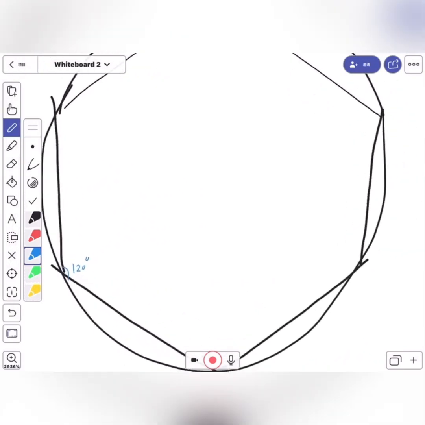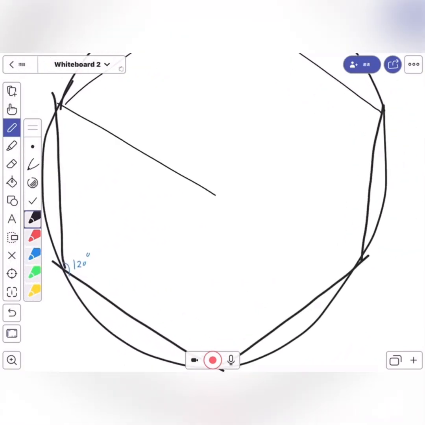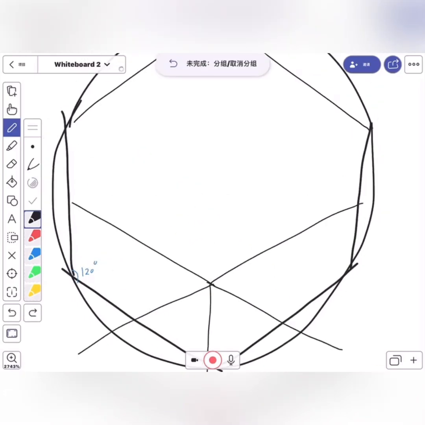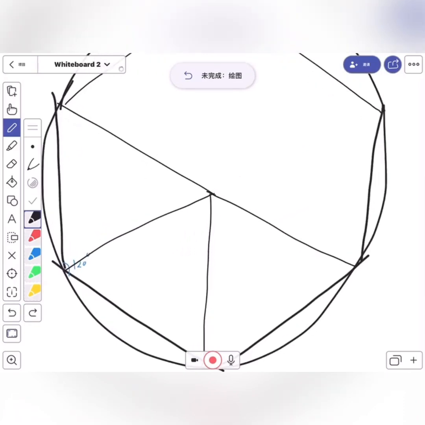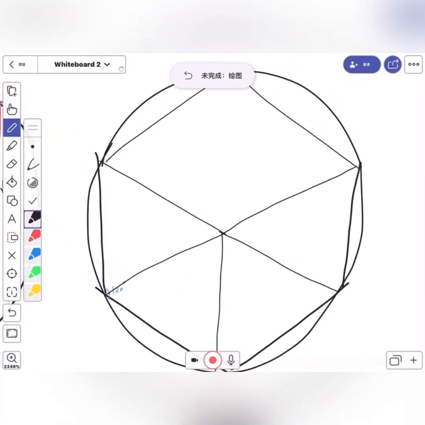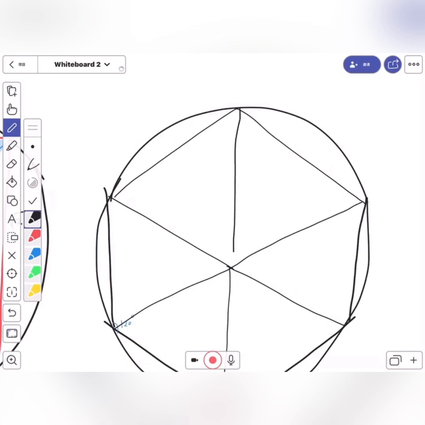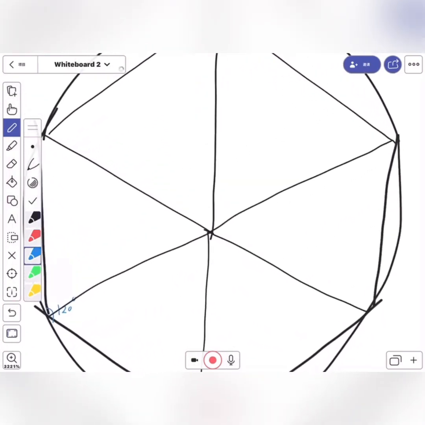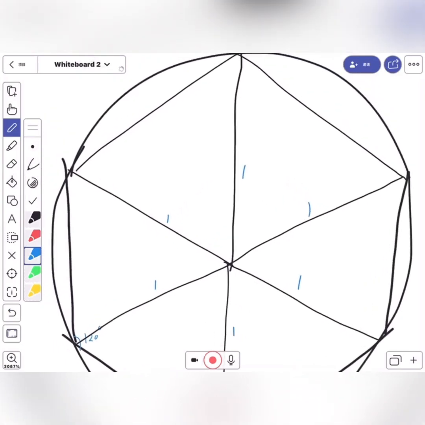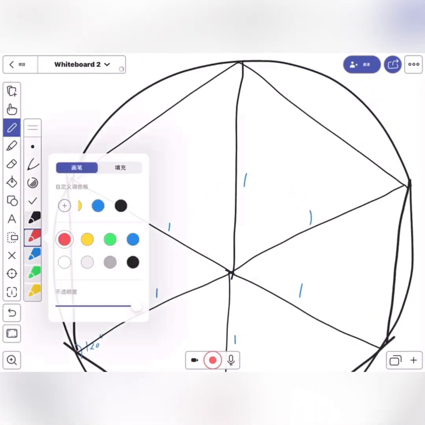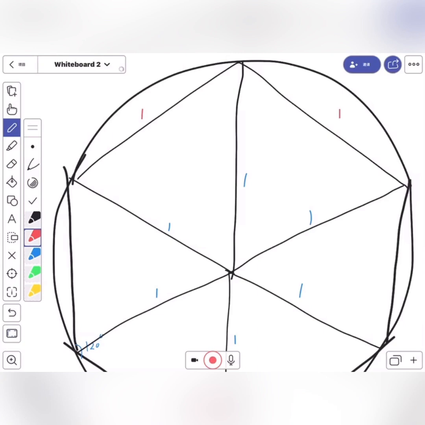So it is composed of 6 equilateral triangles. This means that all of these are 1, and these are also all 1s.